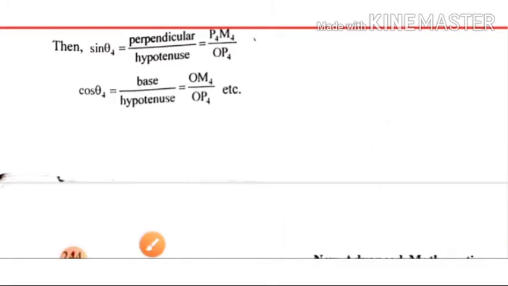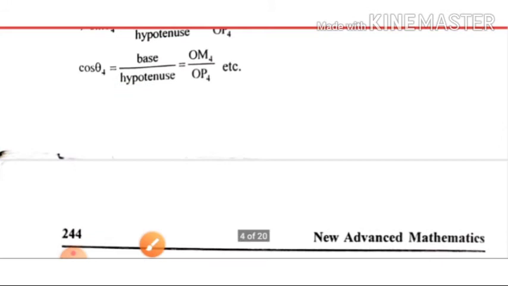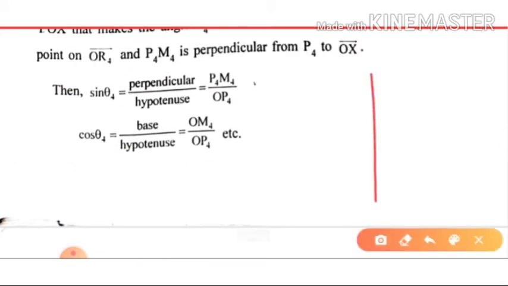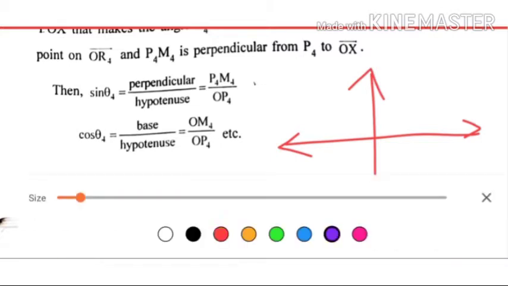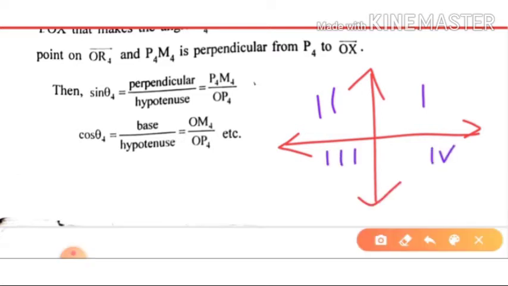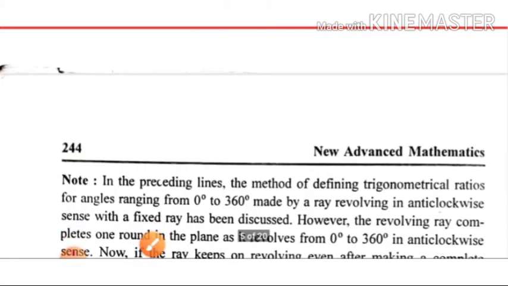We have 4 quadrants: this is the first, this is the second, this is the third, and this is the fourth quadrant. These are all 90 degrees, and both the axes are perpendicular to each other.